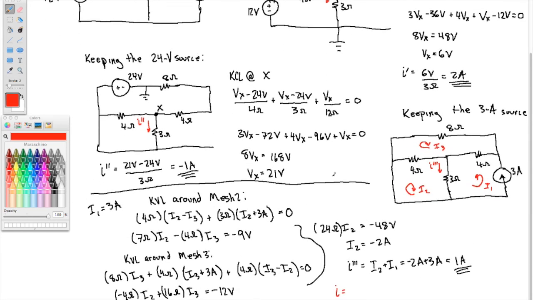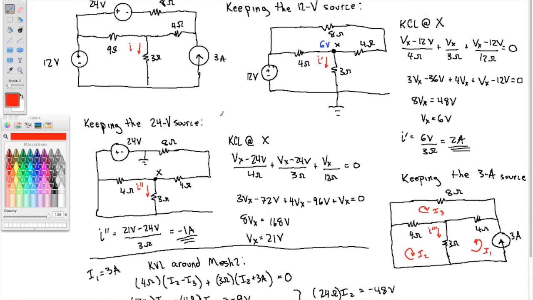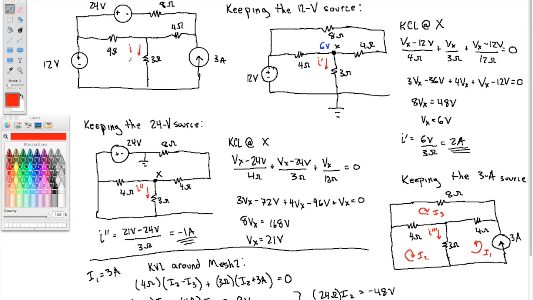So that would be I prime, which is 2 amps, plus I double prime, which is minus 1 amp, plus I triple prime, which is 1 amp, equals 2 amps. So in the original circuit, this is 2 amps.